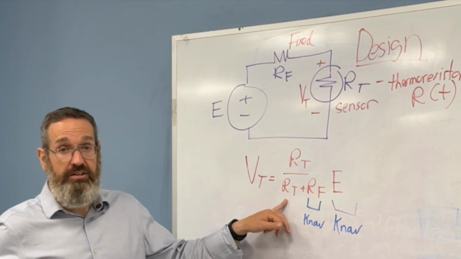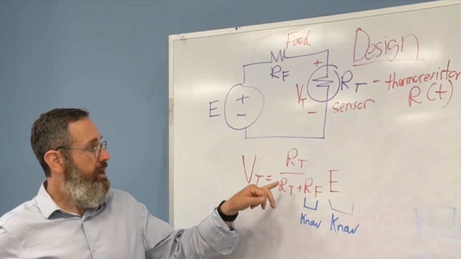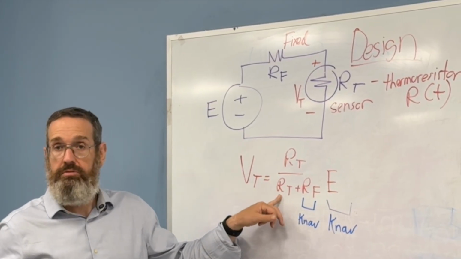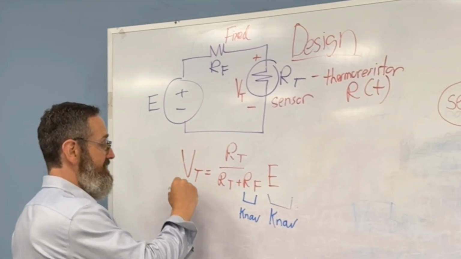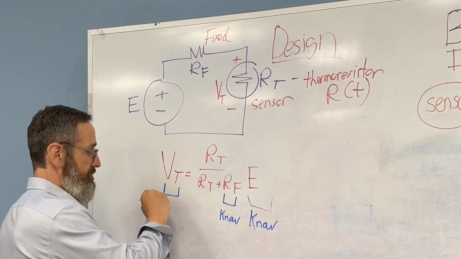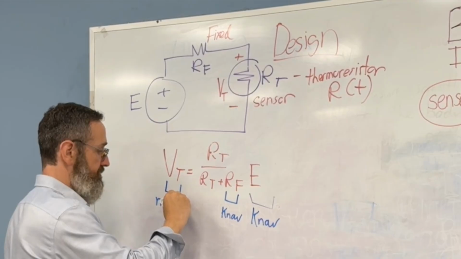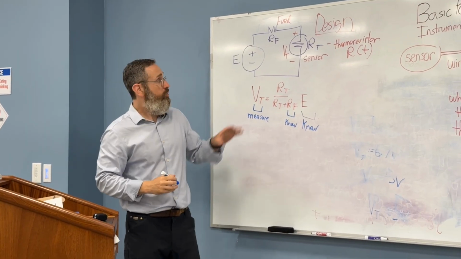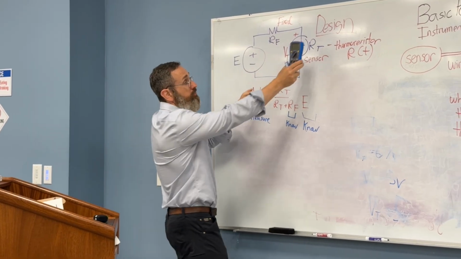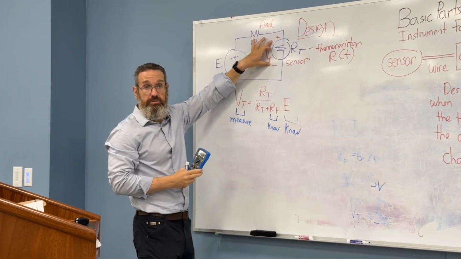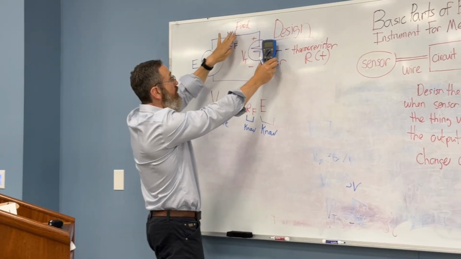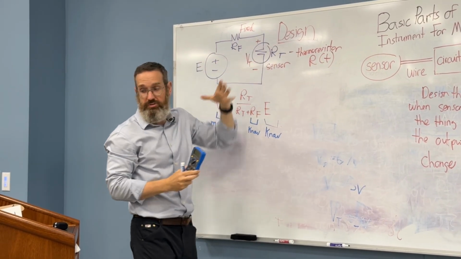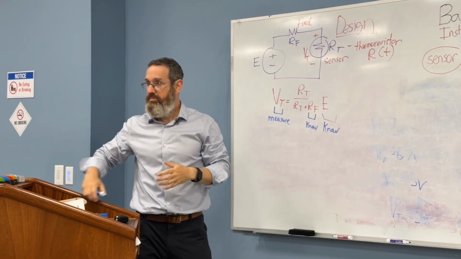And we have here unknowns, right? And this we measure. We build it, voltmeter, measure, right? No, no, no, one unknown. So once again, we're in the same situation.